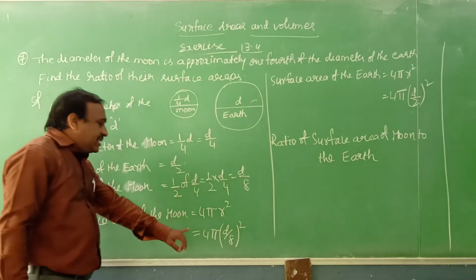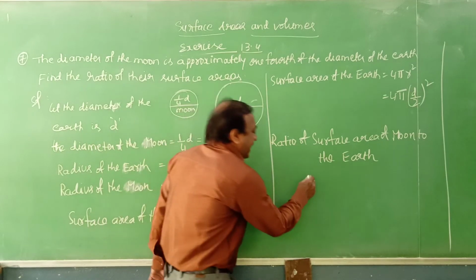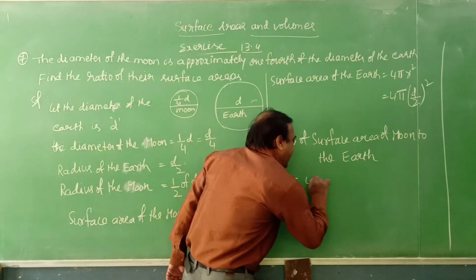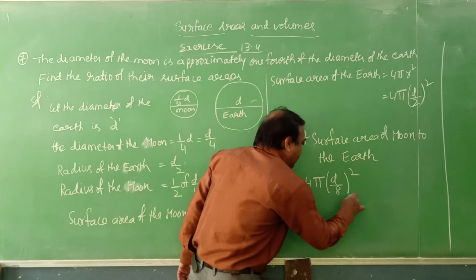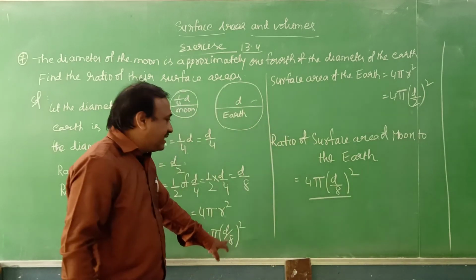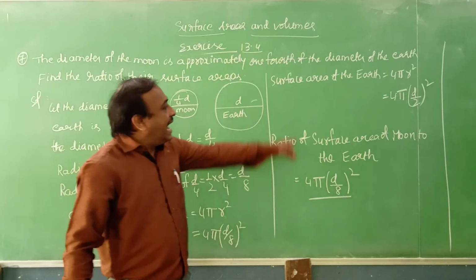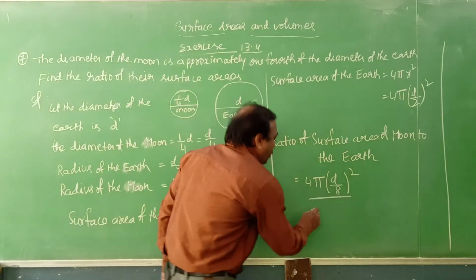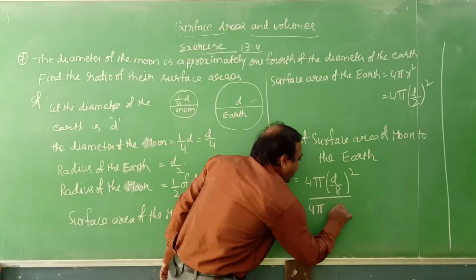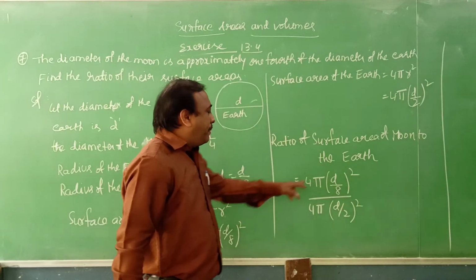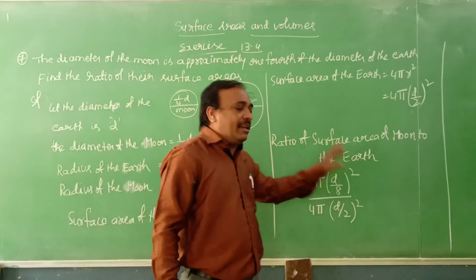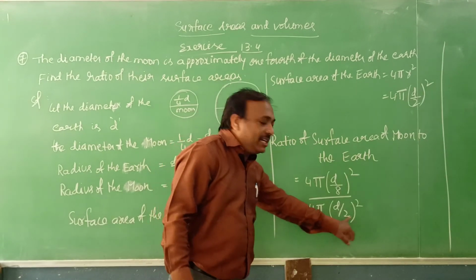What is the surface area of the moon? 4 pi d by 8 whole square, and the surface area of the earth is 4 pi d by 2 whole square. So 4 pi d by 8 whole square by 4 pi d by 2 whole square.